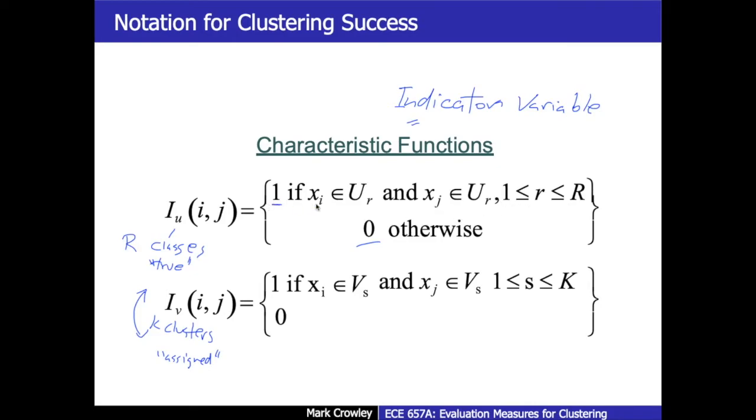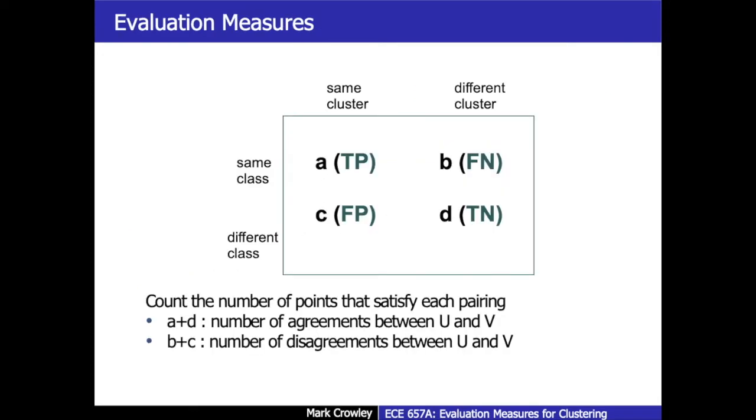Basically, you do this for all values of R. And similarly for the clusters, if the 2 data points are in the same cluster S out of the K clusters, then we give that a 1, right?